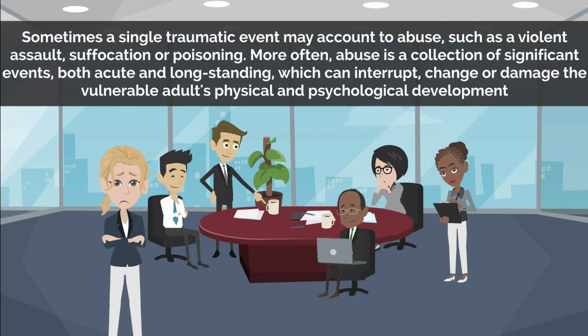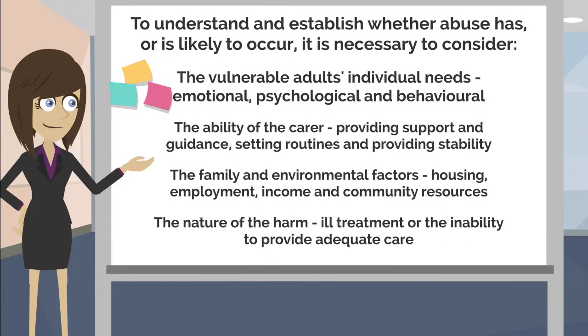physical and psychological development. To understand and establish whether abuse has or is likely to occur, it is necessary to consider the vulnerable adult's individual needs, emotional, psychological, and behavioural, the ability of the carer, providing support and guidance, setting routines and providing stability, the family and environmental factors, housing, employment, income and community resources, the nature of the harm, ill treatment or the inability to provide adequate care.